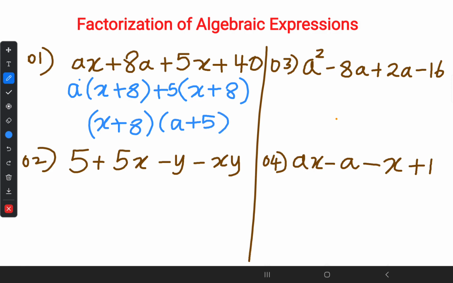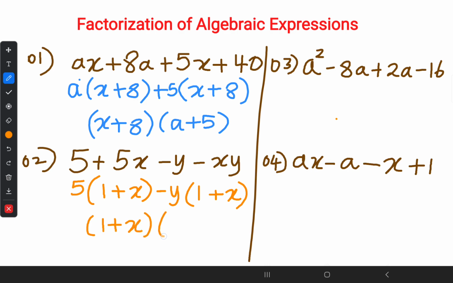In the first two, let's select 5. 5 divided by 5 is 1, so 1 plus x. In the other two, select negative y. Negative y divided by negative y is 1, and x divided by negative y is positive. So 1 plus x into 5 minus y.